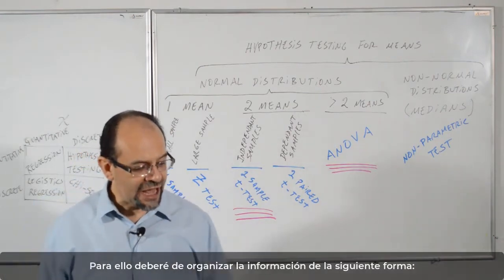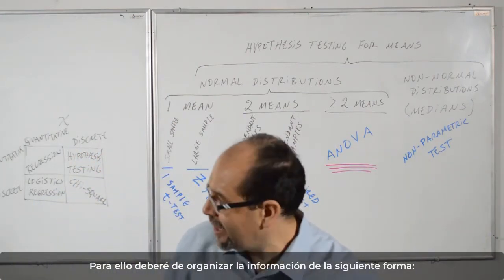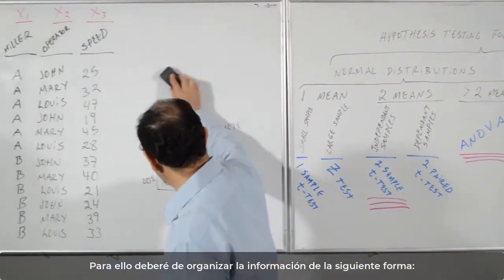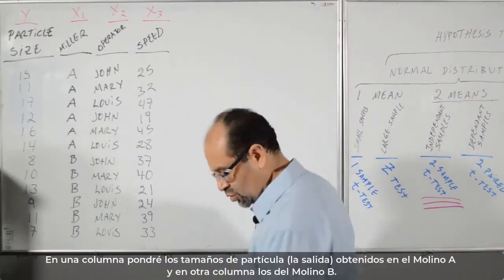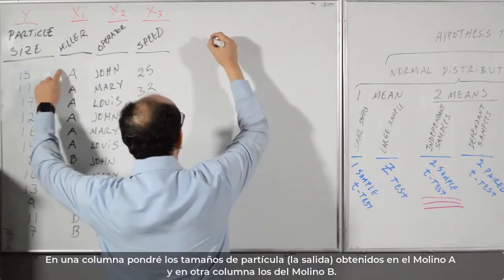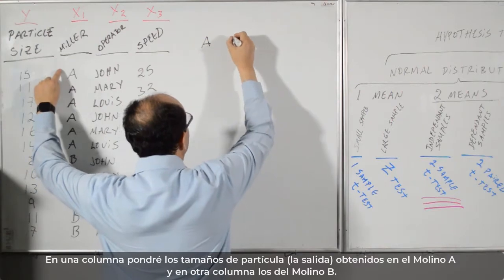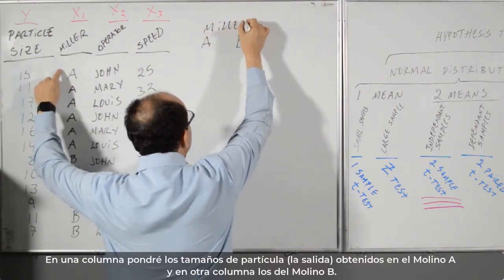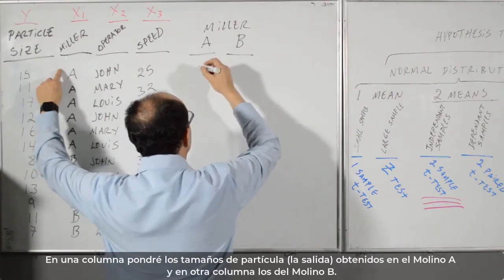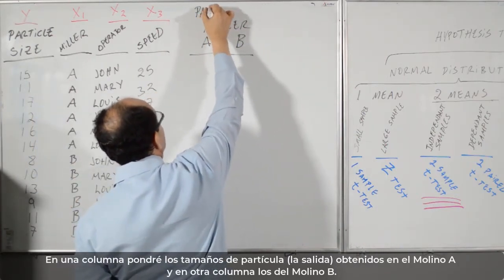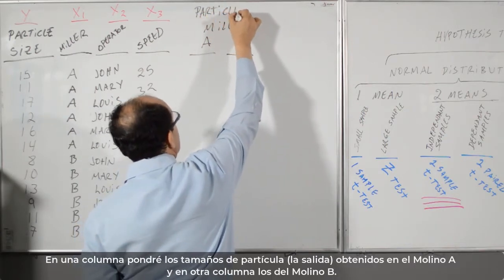So that means that I want to sort the data in this way. Let me just very quickly do this, and I will be using this data. So I will say Miller A and Miller B. So this is the Miller. And for Miller A and Miller B, I want to use the particle size, which is the output.